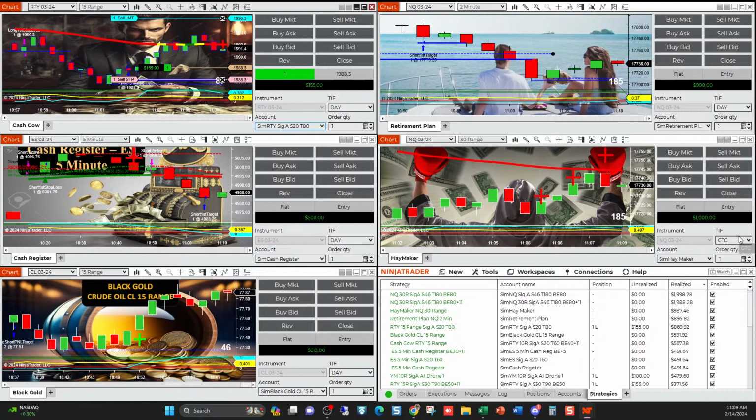My live account, not so much. Great market movement today, though. Really, really happy. I thought it was going to be a really quiet day, but it ended up being a pretty good day.